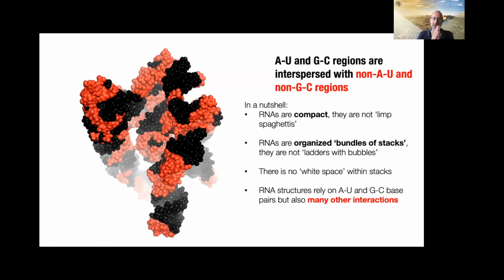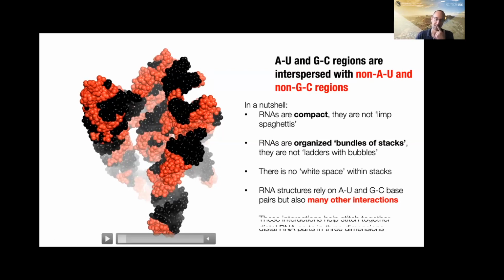RNA structures rely on AU and GC, but also many other interactions. And I'll show you some examples in the coming slides. You already get a sense that it's not just the pairs that do Watson-Crick interactions that stack on one another in helices, like everybody stacks onto something else, like I mentioned earlier.